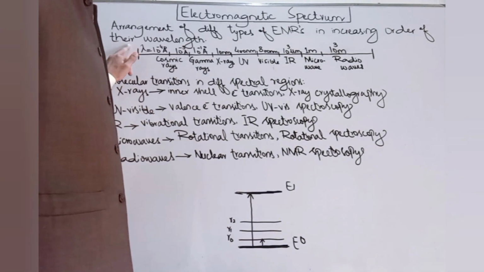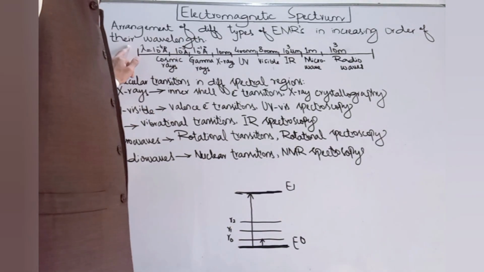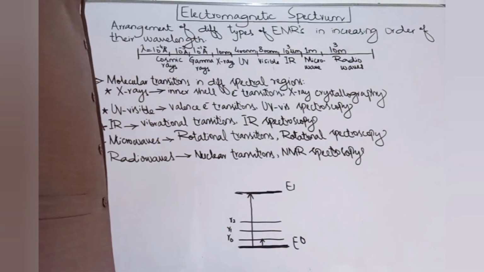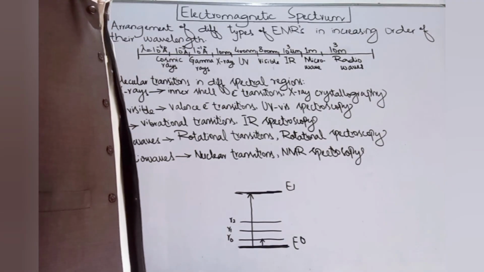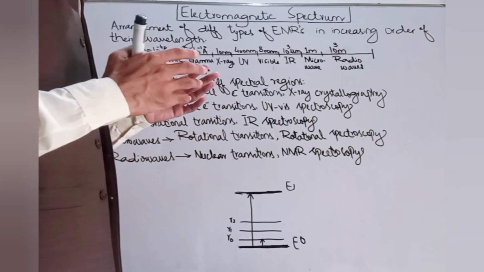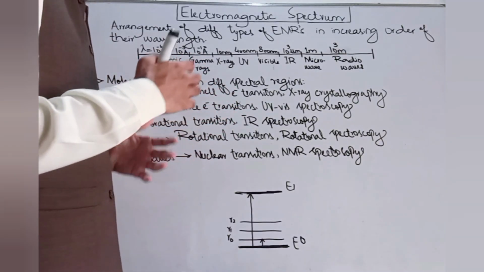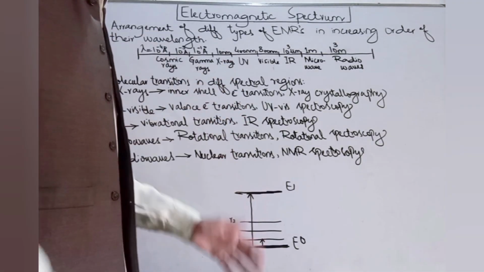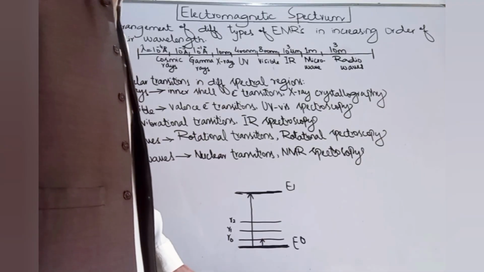It's the arrangement of different types of electromagnetic radiations in increasing order of their wavelengths. As we know, electromagnetic radiations are a special kind of radiation comprising mutually perpendicular electric and magnetic fields.